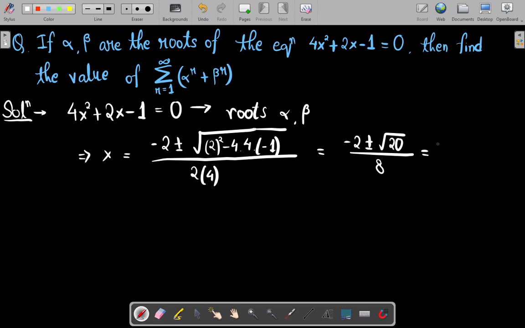On further simplification, this becomes minus 2 plus or minus 2 root 5 upon 8. If I divide both the numerator and denominator by 2, this becomes x equal to minus 1 plus or minus root 5 upon 4.